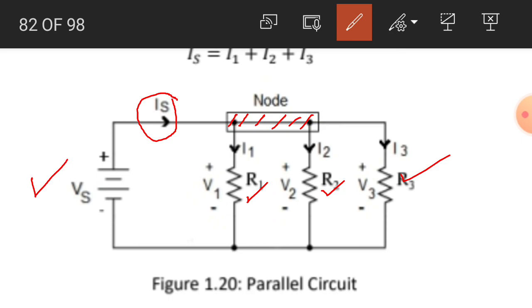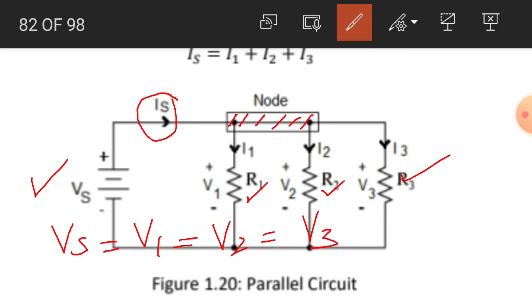As all these circuit elements are in parallel, the same voltage will appear across all of them. So the voltage across the source will be equal to the voltage across R1, which equals the voltage across R2, which equals the voltage across R3. So V1 will be equal to V2 and it will be equal to V3.